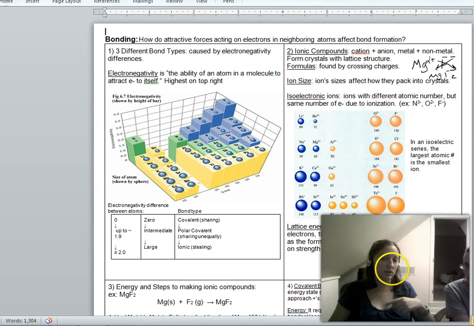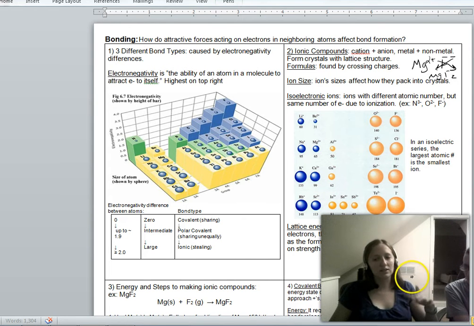K is the constant. You can ignore the constant. Goodbye, constant. That would just make the numbers and units work out. But the 2 variables that are important for determining how big your lattice energy is are Q and R. R is the radius, so that's one that actually makes sense. Stop erasing my writing.